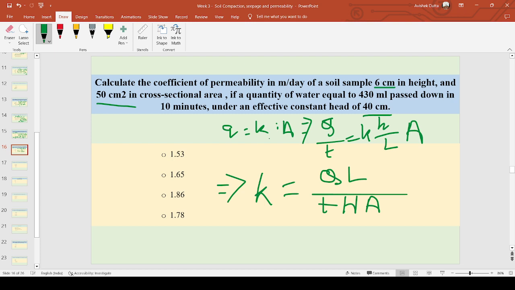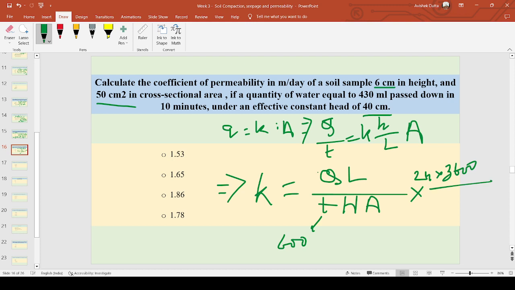Now the time is 10 minutes. You have to convert 10 minutes to number of days. So 10 minutes is 600 seconds. You put time as 600 seconds over here, and then you multiply by 24 into 3600, this whole thing.